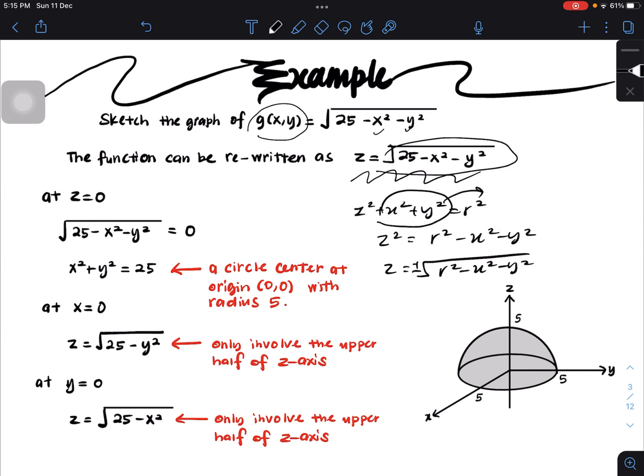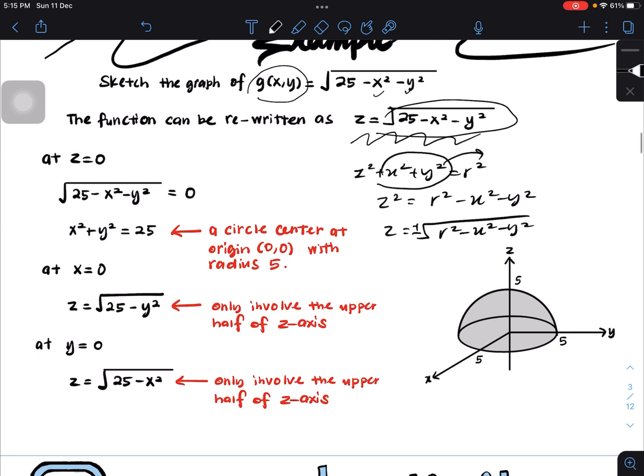How can you find the x and y intercepts and also the z-intercept? It is the same way. We let the values of x and y be equal to 0. So you will have square root of 25 here, so your radius at z is 5.